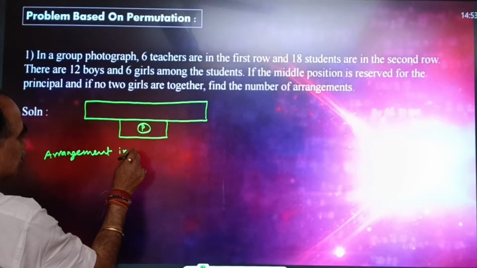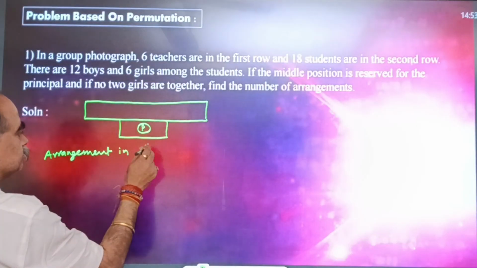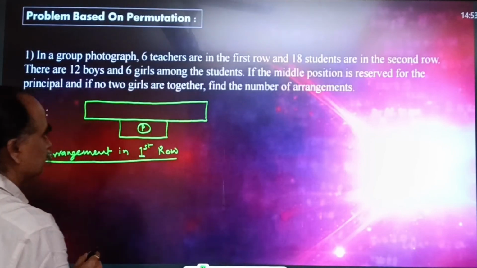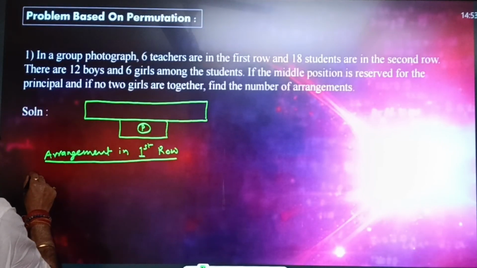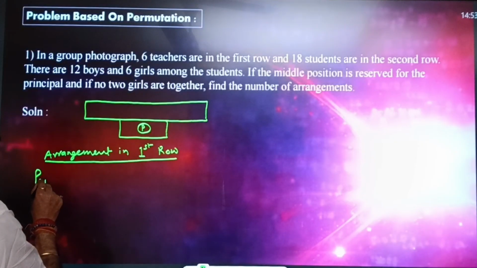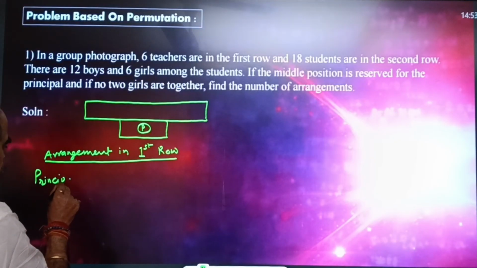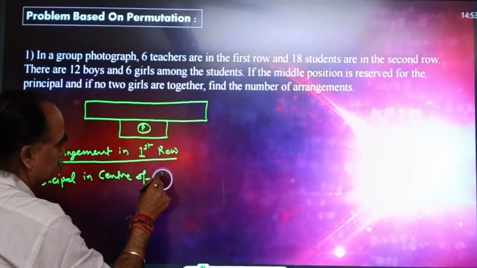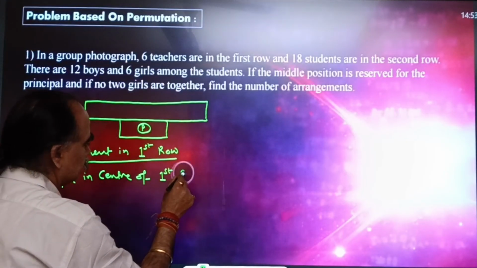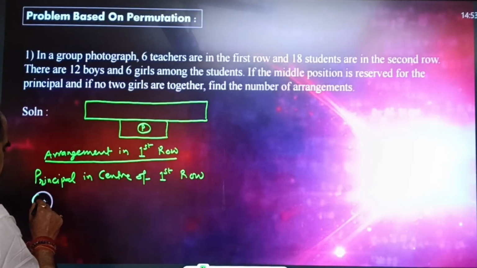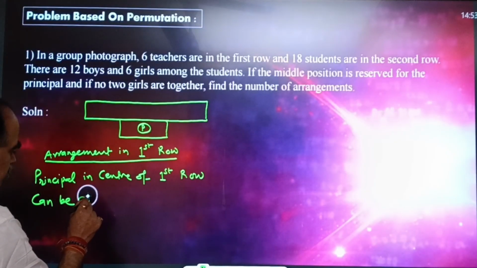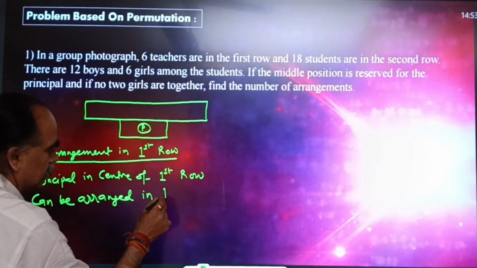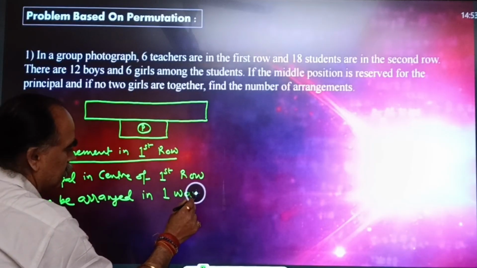Arrangement in first row. Principal in the center of the first row can be arranged in one way.